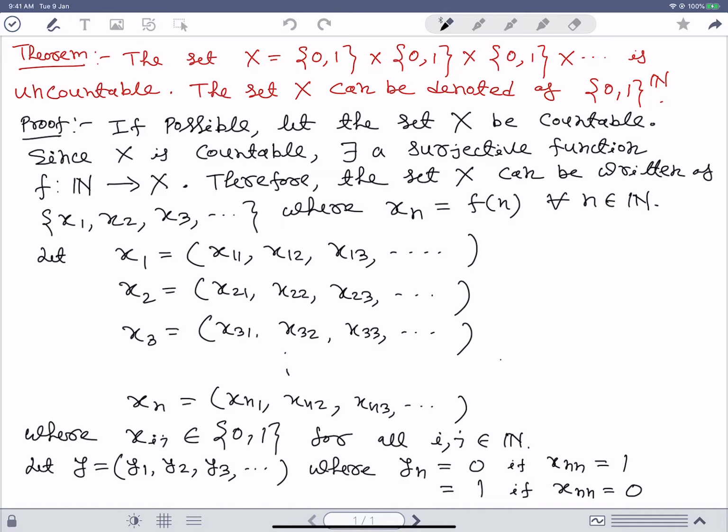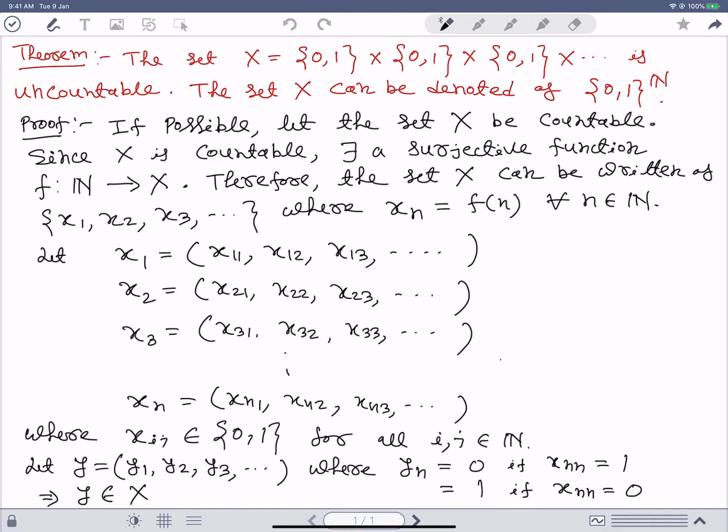In this way we construct one element, that is one sequence with the entries 0 and 1. Obviously y is an infinite sequence with the entries 0 and 1, right? Since y is an infinite sequence with the entries 0 and 1, that implies y belongs to X, right?